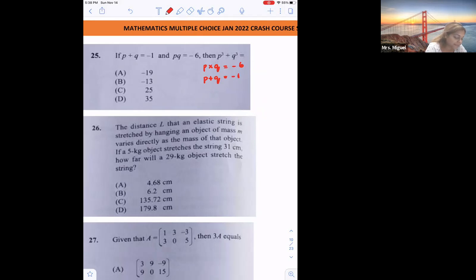In order to get negative 1, it must be negative 3 plus 2. So P is negative 3 and Q is 2. P cubed is negative 3 cubed, which is negative 27, and Q cubed is 2 cubed, which is 8. When I add negative 27 and 8, I get negative 19. So the answer is A.